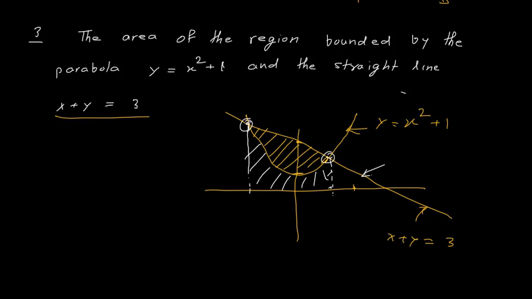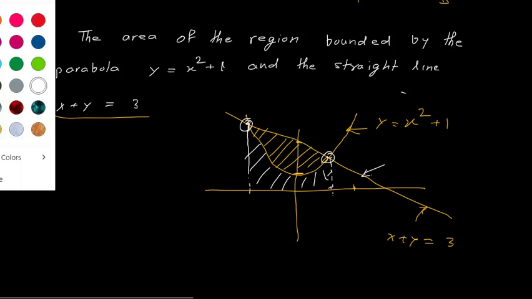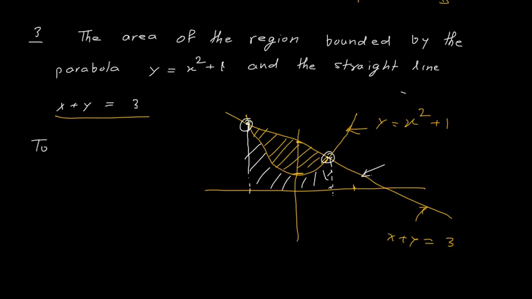So for intersection point I have to solve these two equations. Okay, so how we solve?